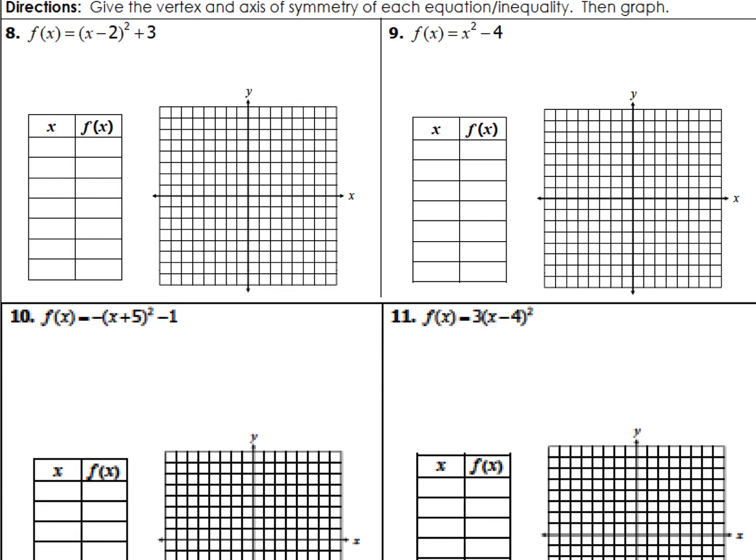Okay, now let's actually go ahead and use this. So what I'm going to do before we go on is just think about the parent function and what the table of values for the parent function would look like. So for a parent function, the vertex is normally going to be at 0, 0. Remember, we're looking at y equals x squared. If I plug in negative 1, I get a 1 as well.